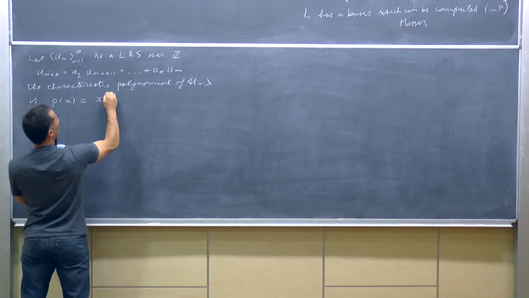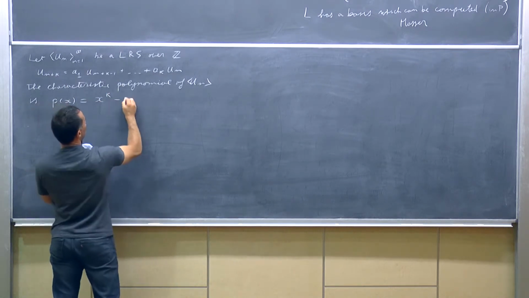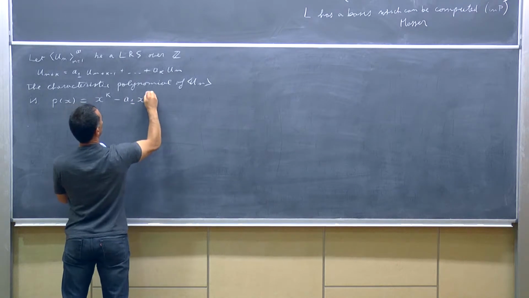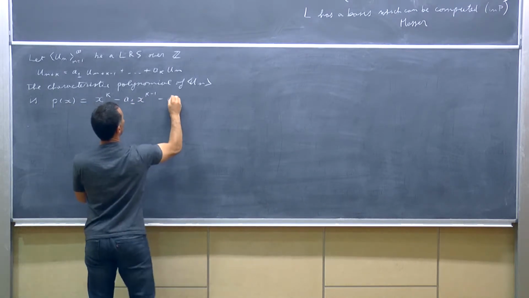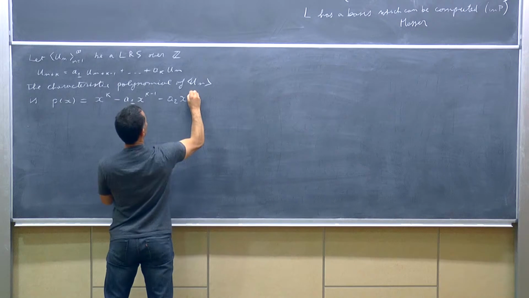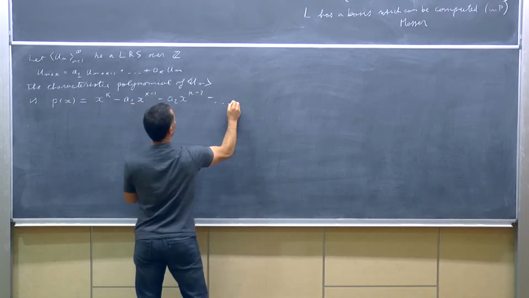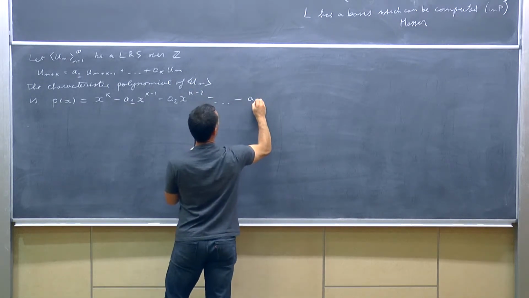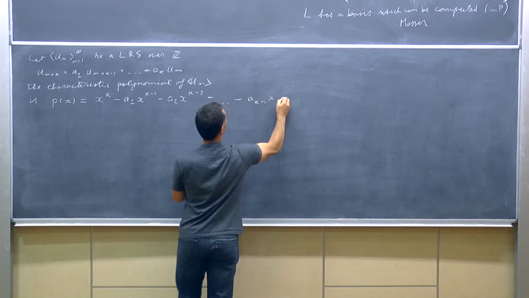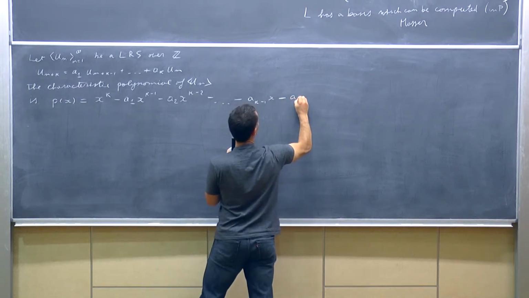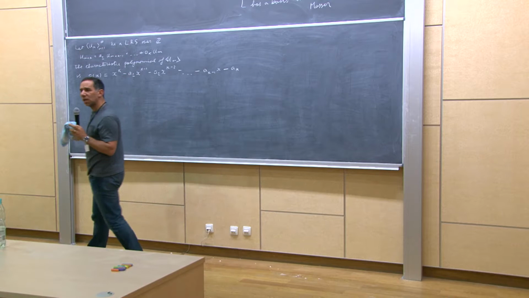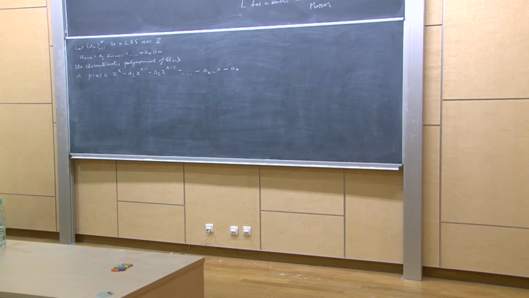So it's going to be defined by x to the k minus a1 x to the k minus 1 minus a2 x to the k minus 2 minus dot dot dot minus a_{k-1} x minus ak. Okay, that's the characteristic polynomial.